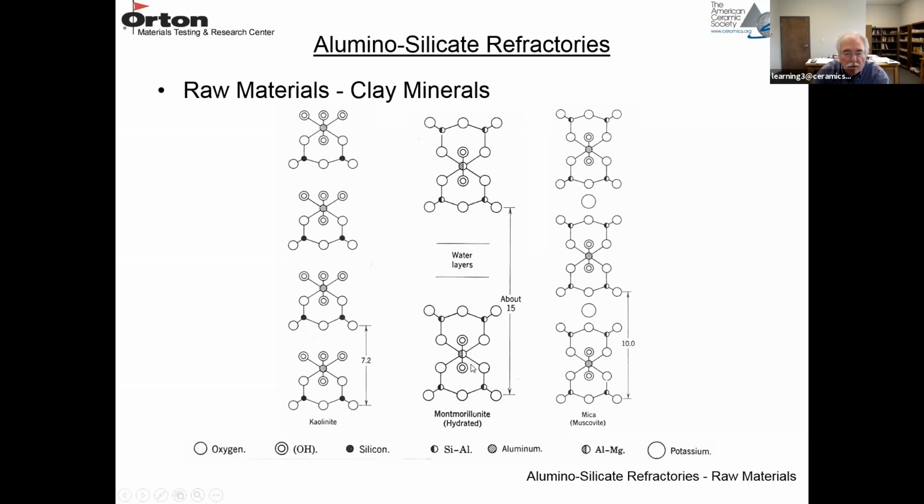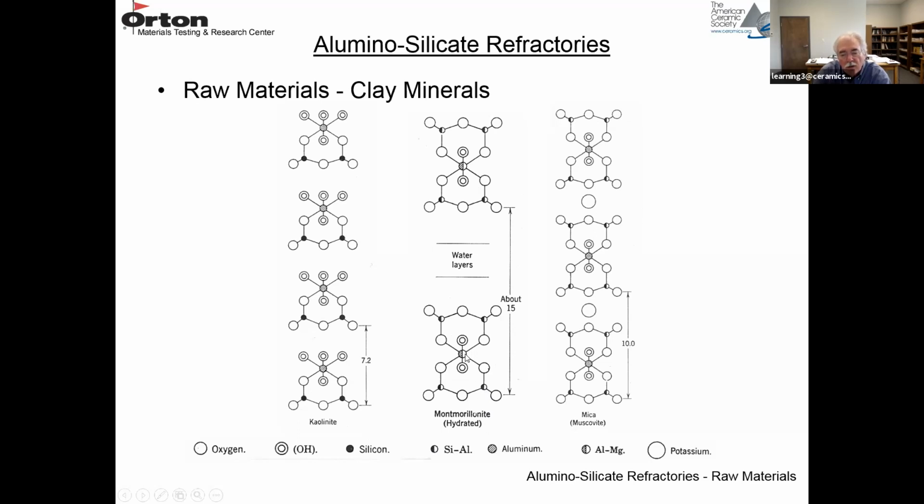Montmorillonite has 2 silicon layers. So there's a layer on this side of silicon, an aluminum layer, and another silicon layer. So it also has aluminum substituted for silicon. So this circle that's half dark and half light is where a substitution might take place.